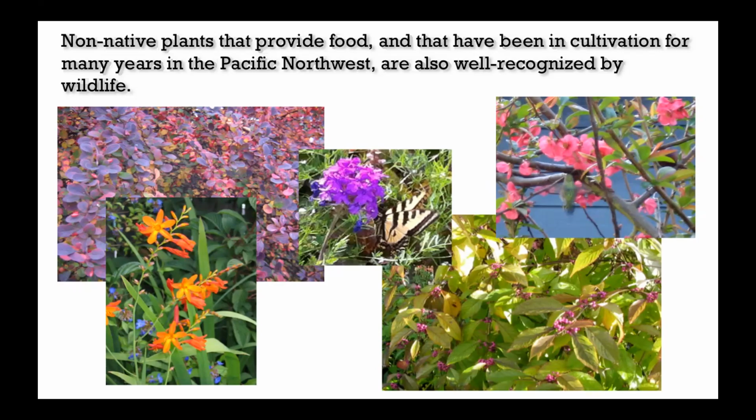There are many non-natives that do have some wildlife value. And because one of the important things for wildlife is shelter, that's another reason why I never advocate just ripping things out and starting over. If you already have a garden with plants in it, you are providing some shelter and protection, potentially already some nesting places. And that's very valuable for wildlife as well.